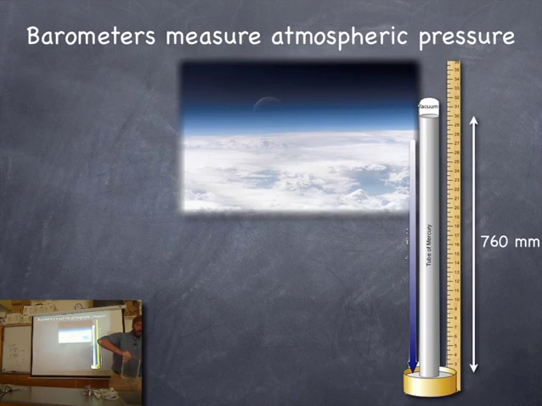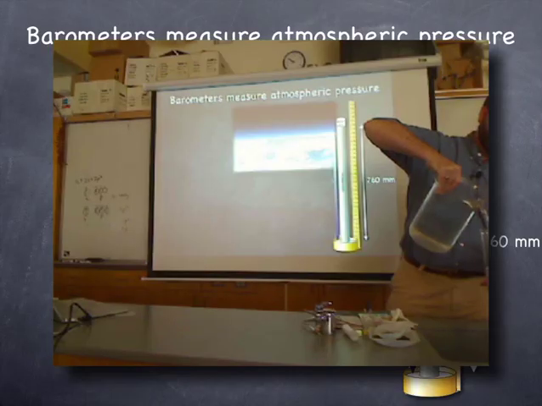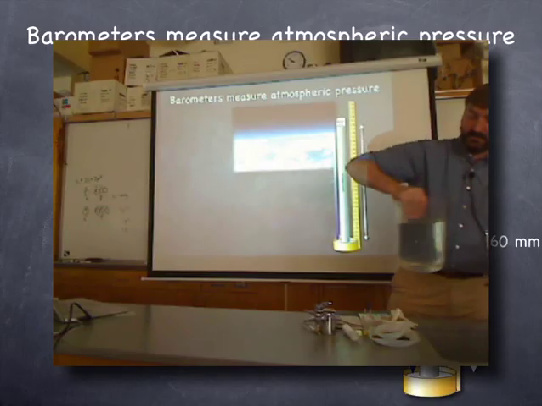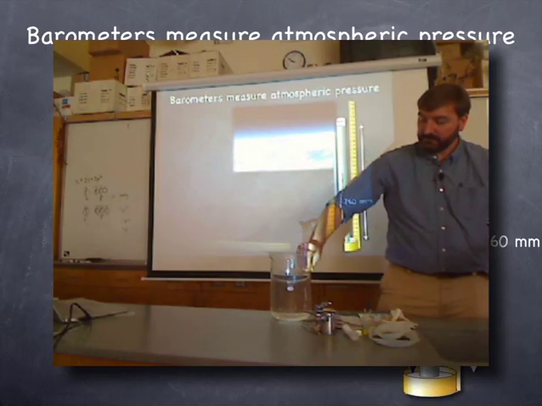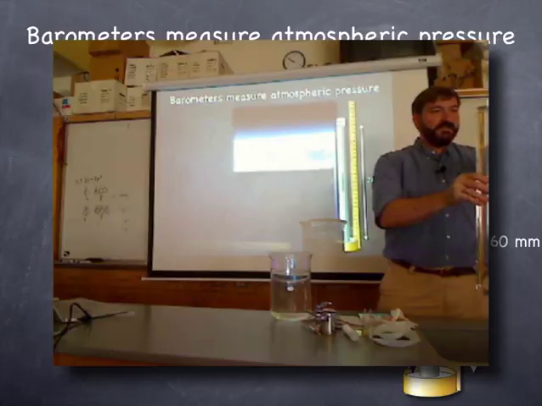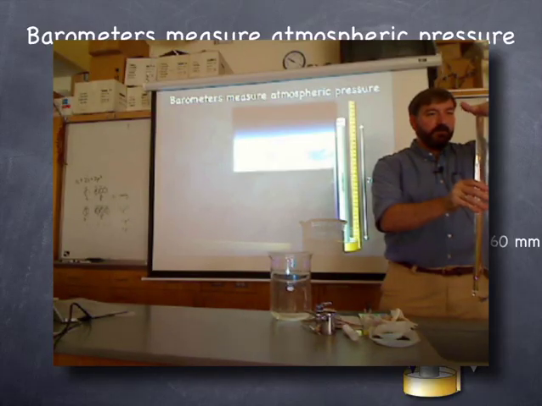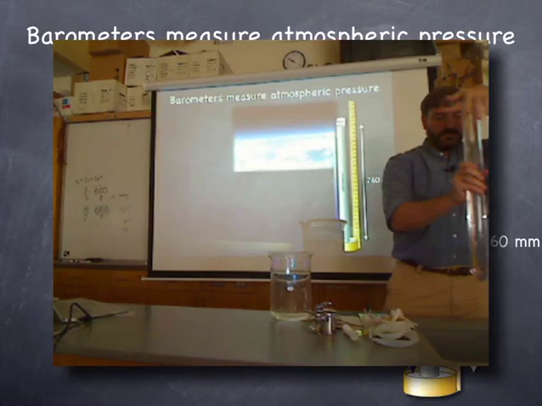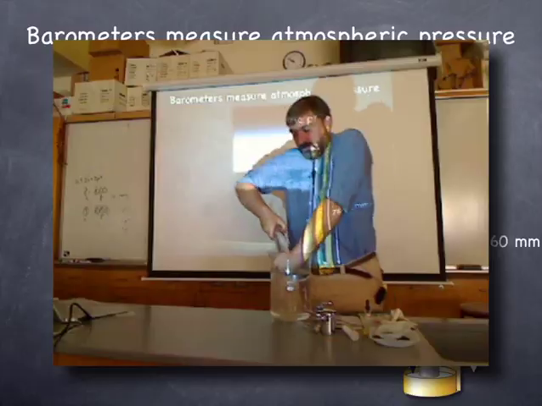So I'm not in the bathtub, but I still get to play with water. So nice and full. I'm going to put my hand on here, and I'm going to turn this upside down.